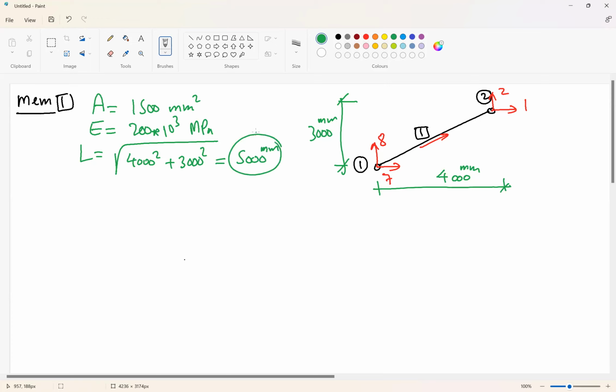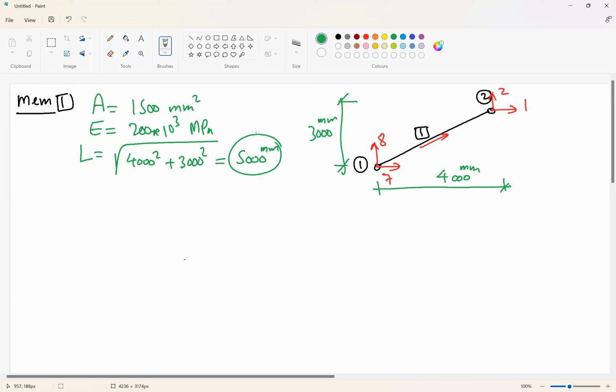Now we need to find lambda x and lambda y. If you remember from previous step, this was our origin, 0 and 0. This was 4 and 3.